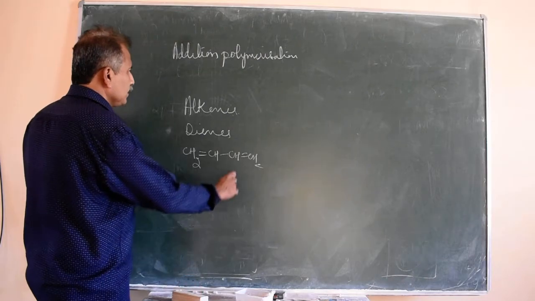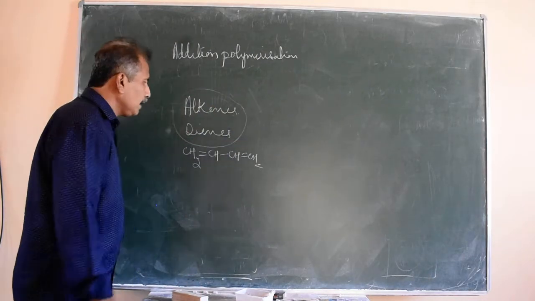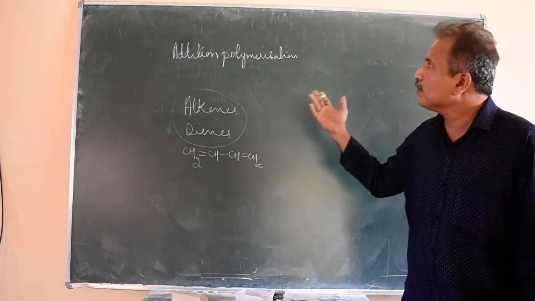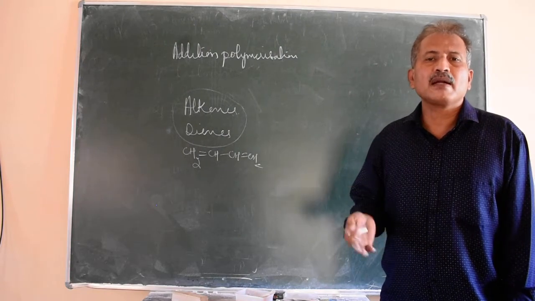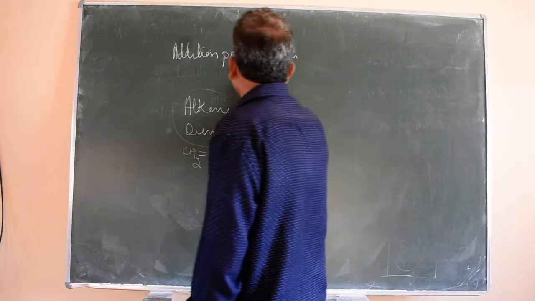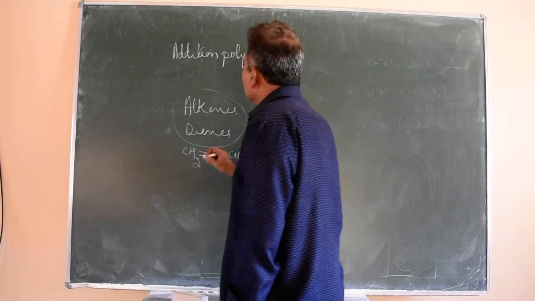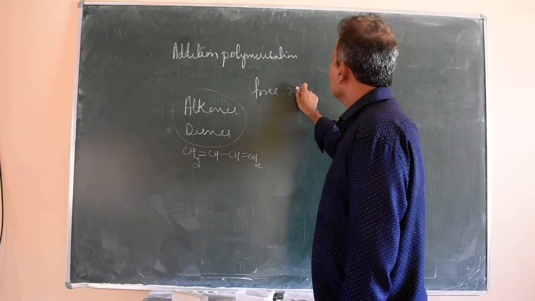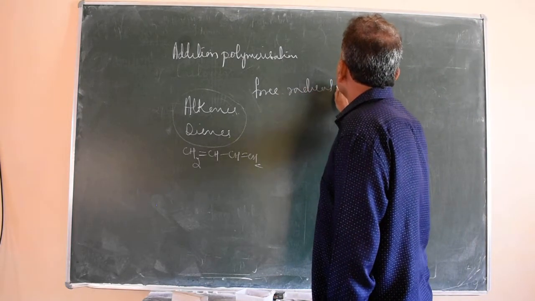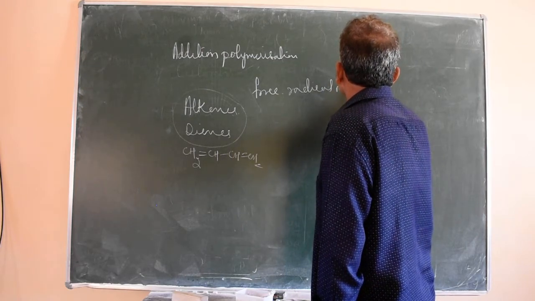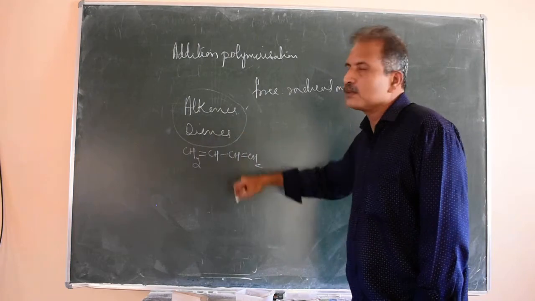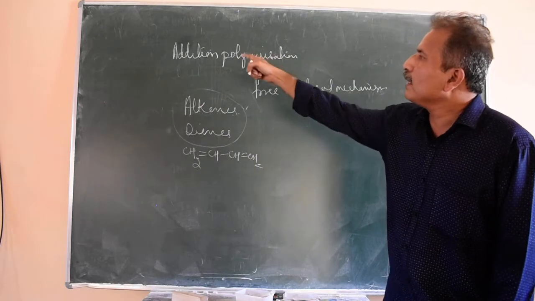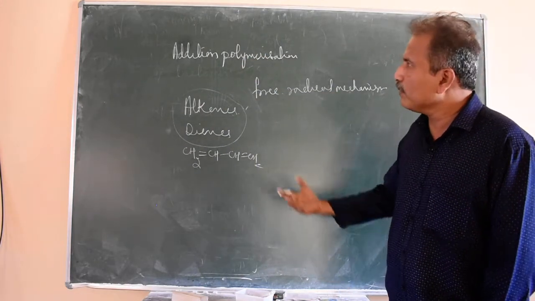And as I told you, alkenes, dienes and their derivatives can easily be made to undergo addition polymerization using a catalyst which is called the free radical initiator, because the mechanism that these undergo is always the free radical mechanism. So these alkenes, dienes as well as their derivatives will follow the free radical mechanism and will undergo addition polymerization to give you addition polymers.